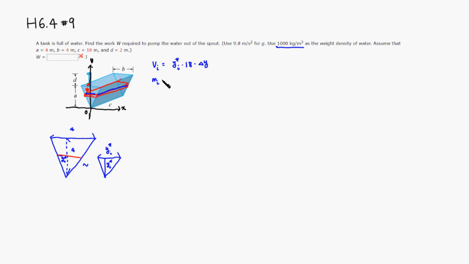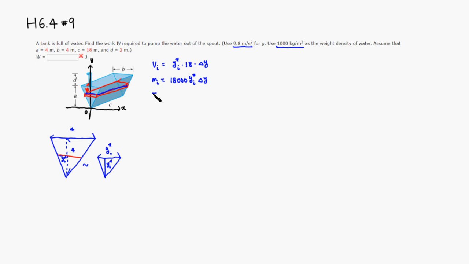The mass of that piece is going to be 1,000 times V i. So I'm going to incorporate 18, so 18,000 y i star delta y. Then if you want to turn it into a force, all you have to do is m i times g, which is 9.8 meters per square second.